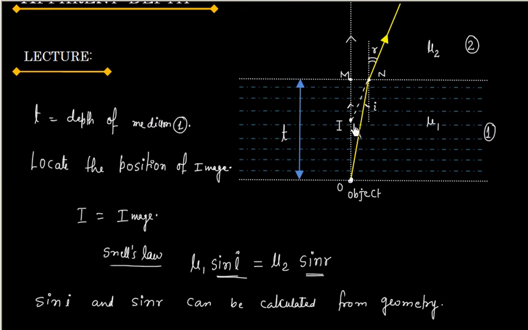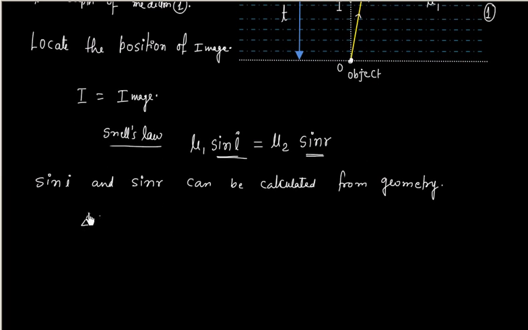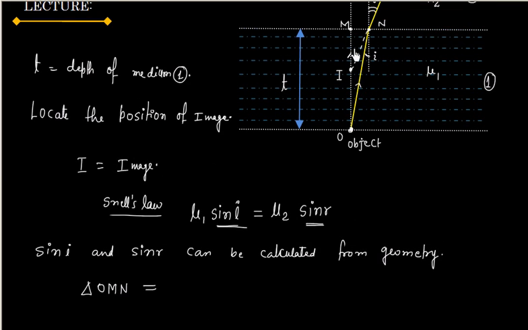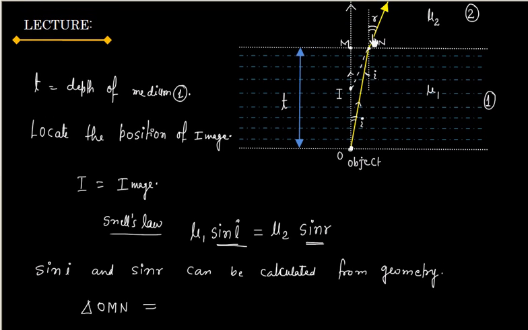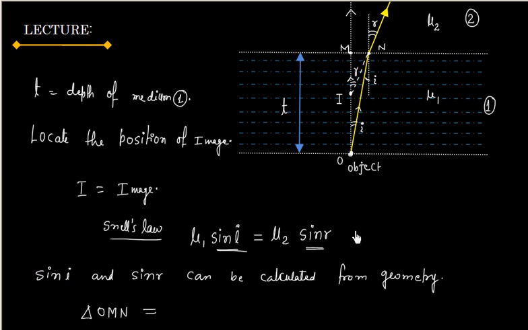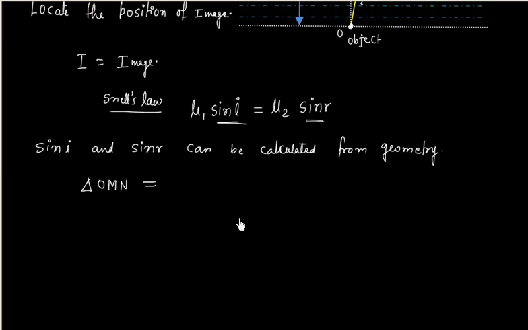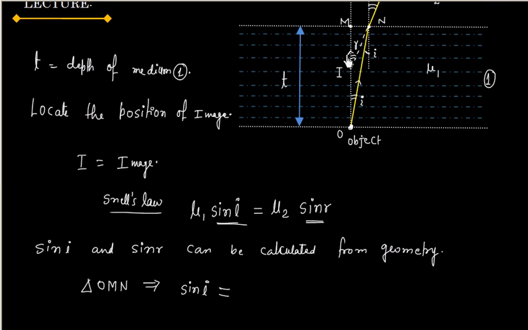Let us consider triangle OMN. This angle is I, then this angle is also I, because these two are alternate angles. If this angle is R, then this angle is also R. Applying the geometry, in triangle OMN, sin I is equal to MN divided by ON.